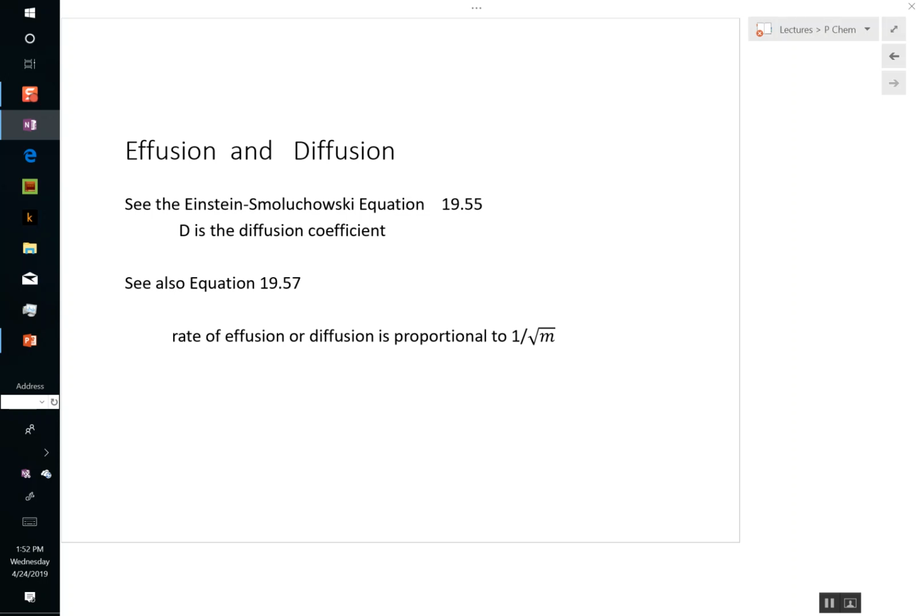Diffusion is if you had 2 containers with 2 different gases in them and an opening, how are they diffusing into one another? That's probably the more practical situation. There aren't any calculations or problems around these. Just get familiar with what effusion and diffusion are.